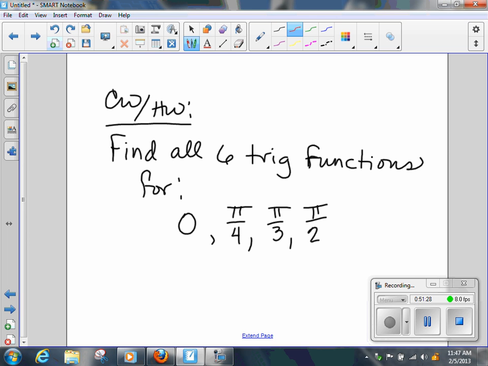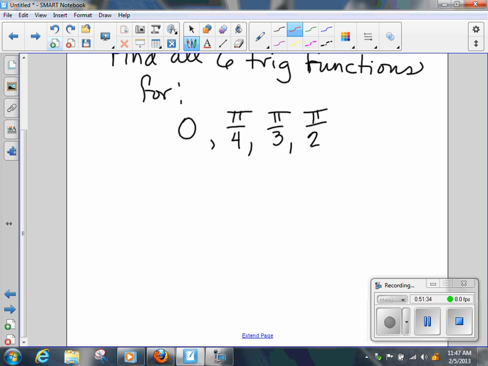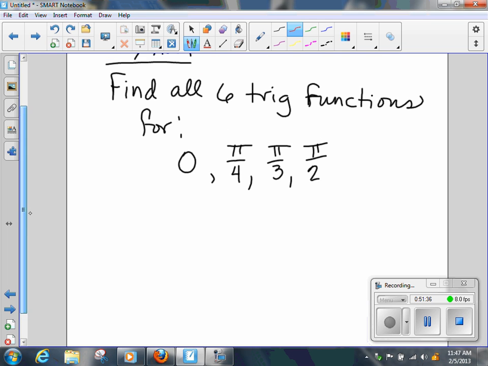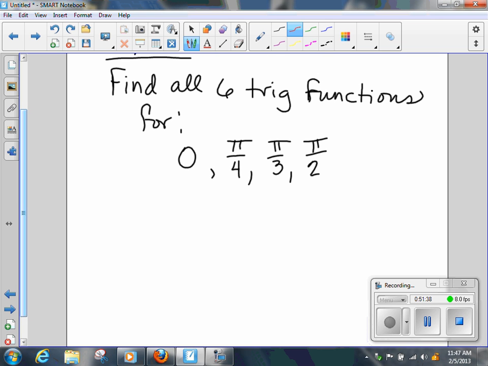Folks, you already know 2 of them for each one. Just for kicks, find all 6 trig functions for those 4 angles.